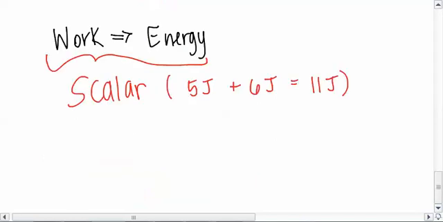What if you have 7 joules and 3 joules were transferred to other forms? So maybe sound or light or some other form of energy. Oh my gosh, we'd have 4 joules left over. So for scalars, you just add them up. It's going to be lovely. You're going to get out of practice of doing vectors pretty much, and then we'll have to jump back into them.